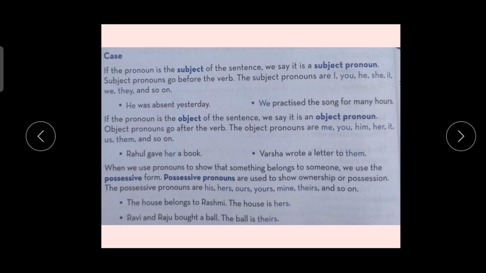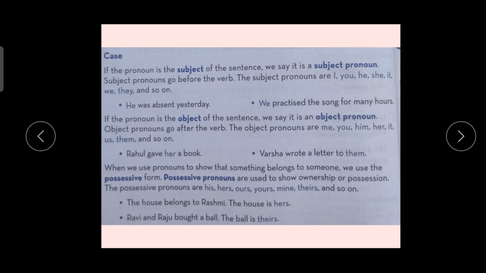For example, he was absent yesterday. See, we have used the pronoun he in place of the subject. So we can say that it is a subject pronoun. If the pronoun is the object of the sentence, we say it is an object pronoun. Object pronouns go after the verb. The object pronouns are me, you, him, her, it, us, them, and so on.